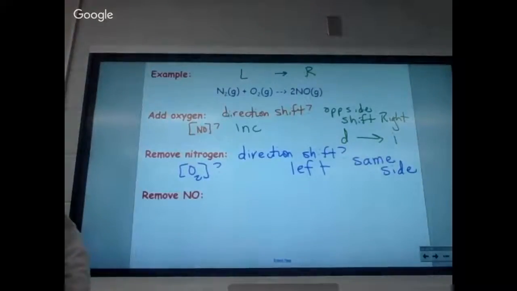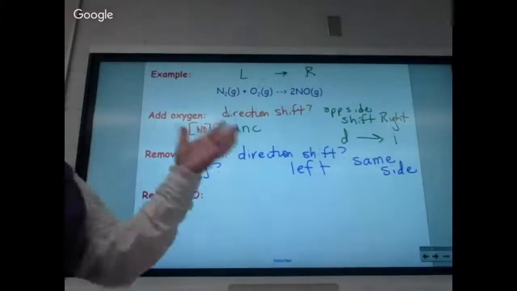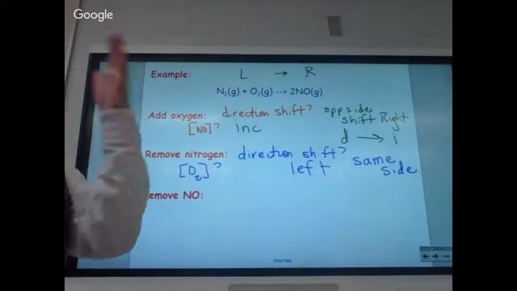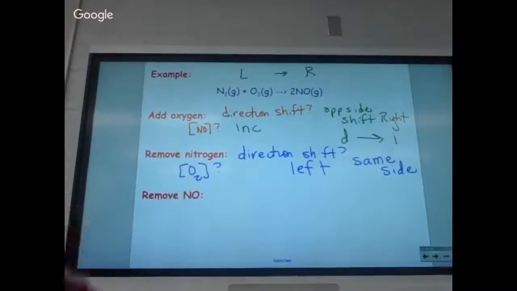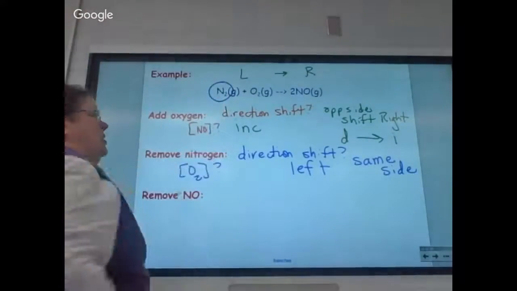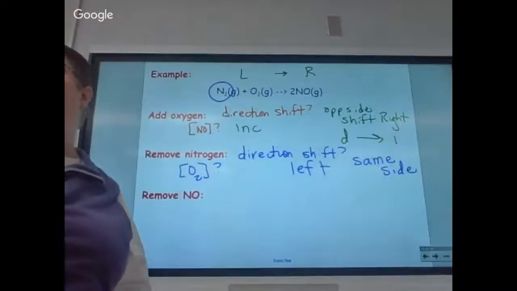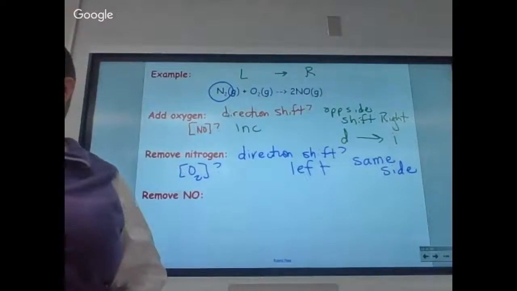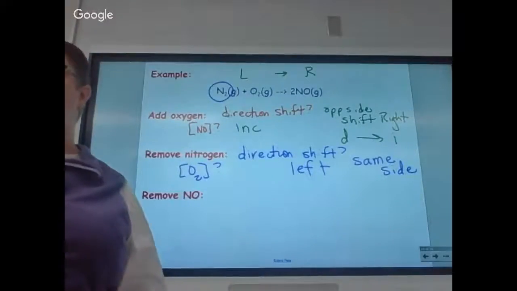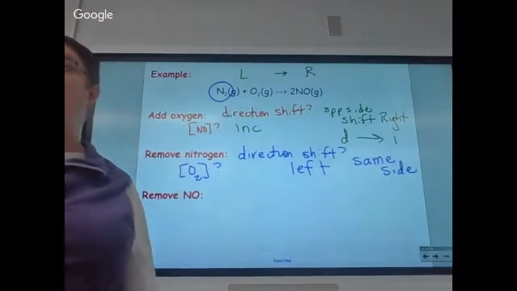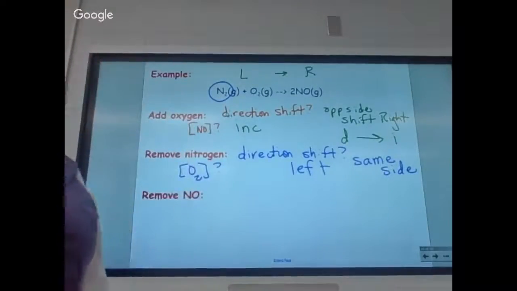The reaction is going back and forth, making NO, NO making N2 and O2. We have removed a whole bunch of this. The equation is now not at equilibrium anymore. So it's trying to produce more of that N2 that just got taken out of the container, working backwards to make more of that N2.